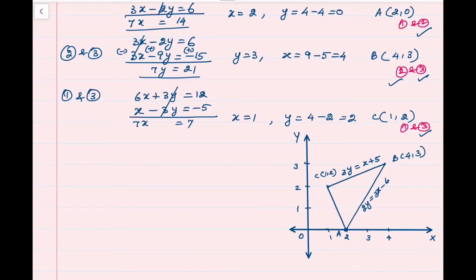Then joining A and C, it represents the first equation, y = 4 - 2x. Let us shade the region. We will draw the limit lines.